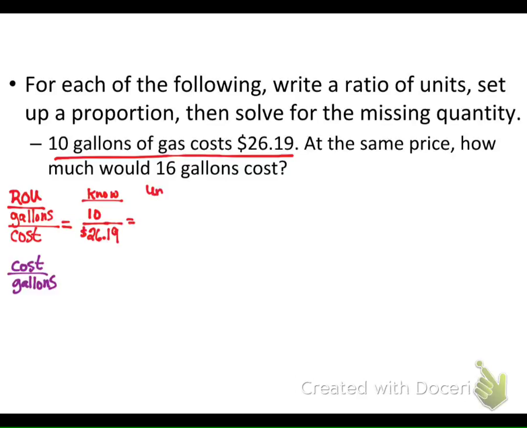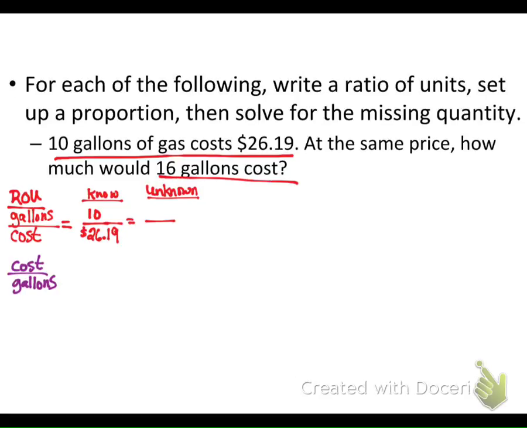So the unknown, or what I want to find out, is going to be my second ratio. So I continue reading. At the same price, how much would 16 gallons cost? So what part of that ratio do I know? 16 gallons.